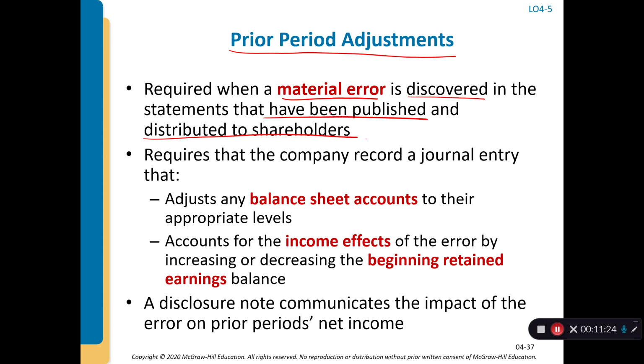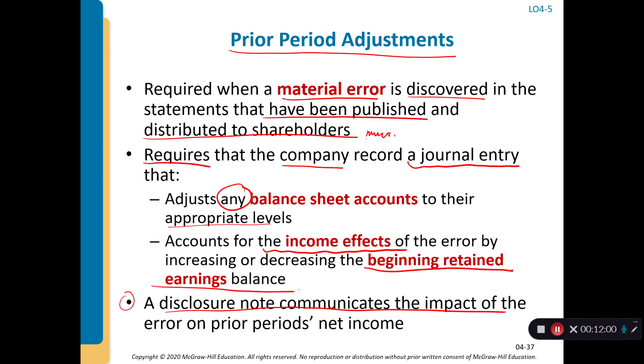This company must take a prior period adjustment, and the company would record a journal entry that adjusts any balance sheet accounts to the appropriate level and accounts for the income effects of the error by increasing or decreasing the beginning retained earnings balance of the period in which they find the mistake. And also a disclosure note to communicate the impact of the errors on the period's net income, right?